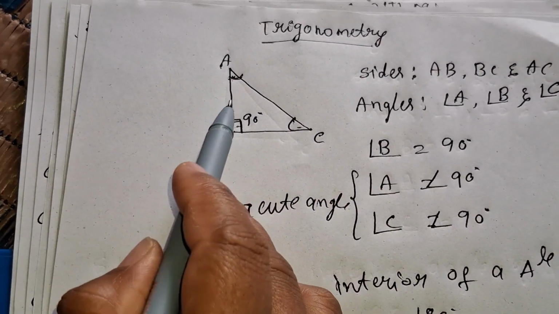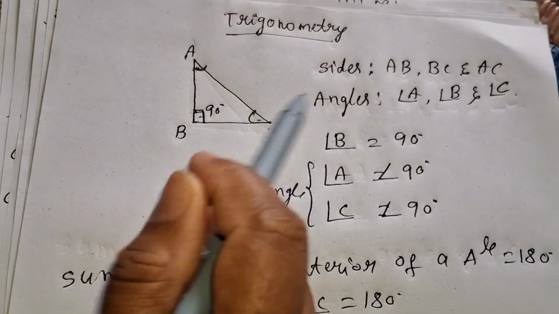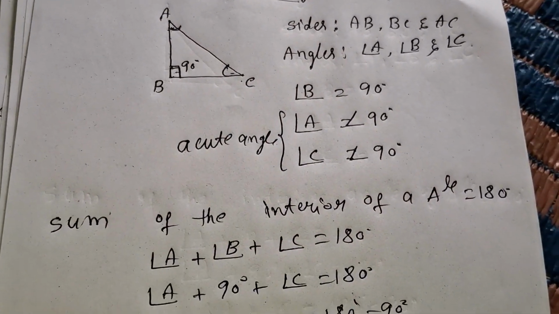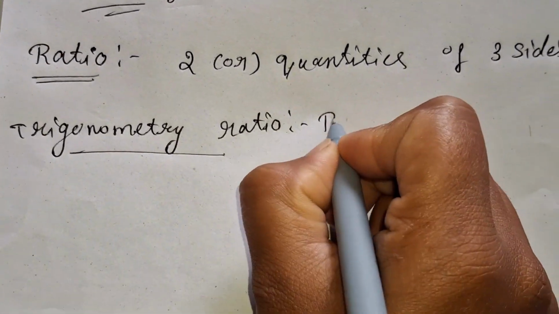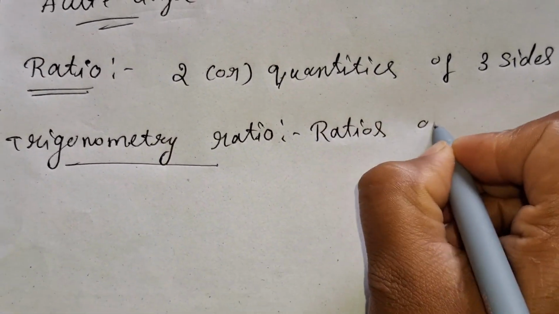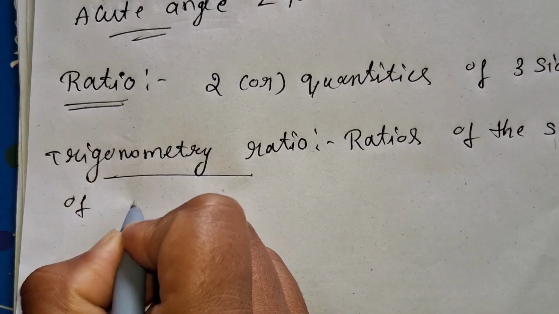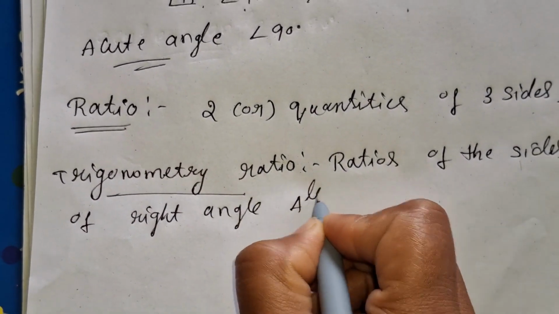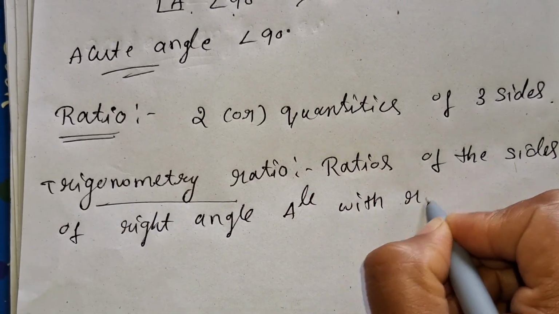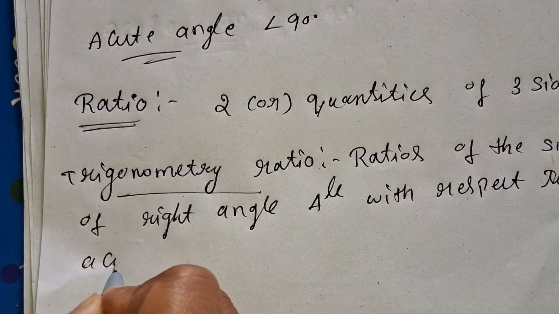With respect to the acute angles, there are two acute angles, angle A and angle C. So a trigonometry ratio is the ratio of the sides of a right angle triangle with respect to the acute angle.